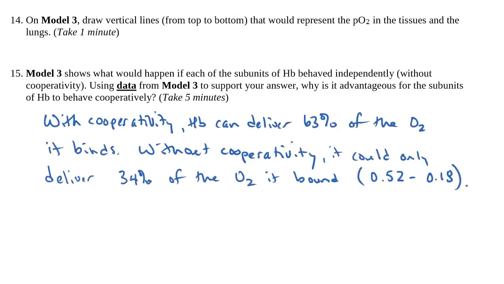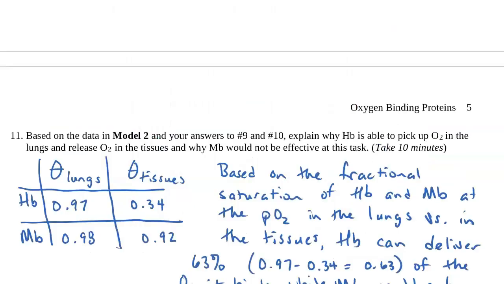All right, here's my sentence. The first sentence I pretty much copied from the earlier question. With cooperativity, which is the normal situation, hemoglobin can deliver 63% of the oxygen it binds. Remember that math from earlier? Let's look. 63%, 0.97 minus 0.34, 63%.